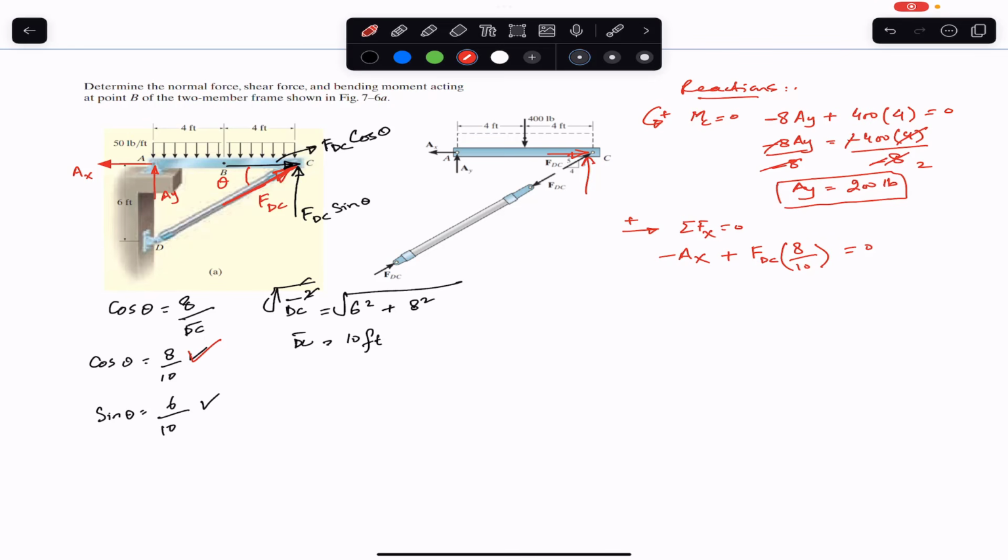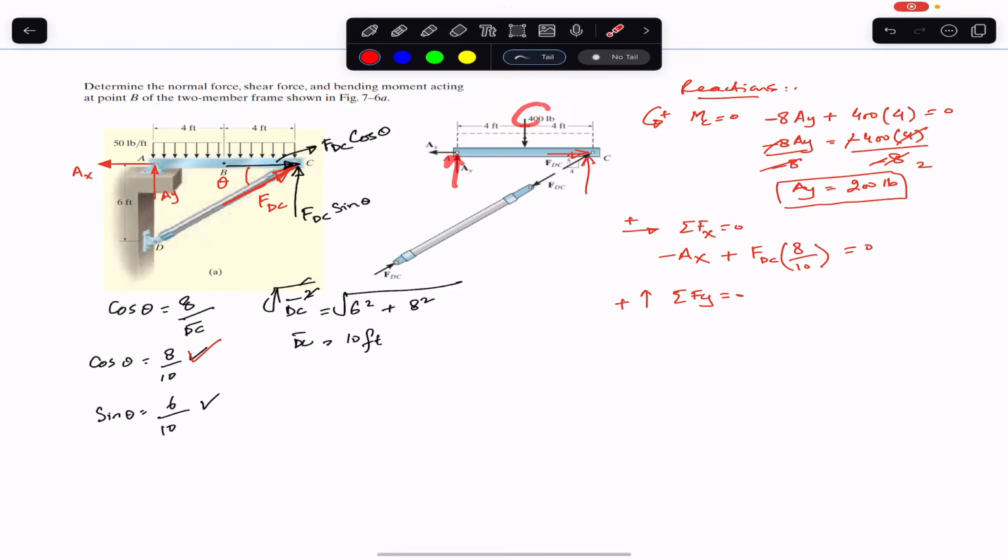So now we have one equation and two unknowns. Ax is unknown and FDC is unknown. Similarly, if we apply the summation of forces along y, that must be equal to 0. In the upward direction is our positive y direction. So again we have this Ay.